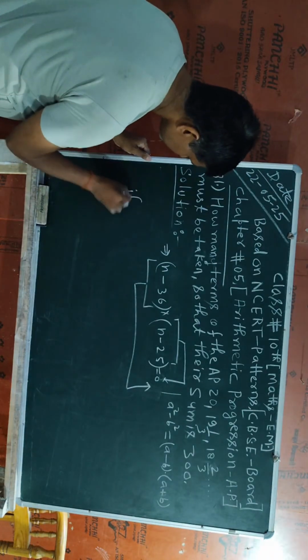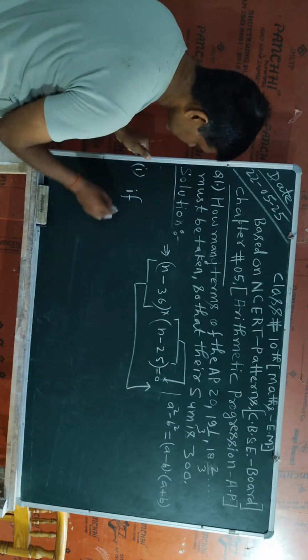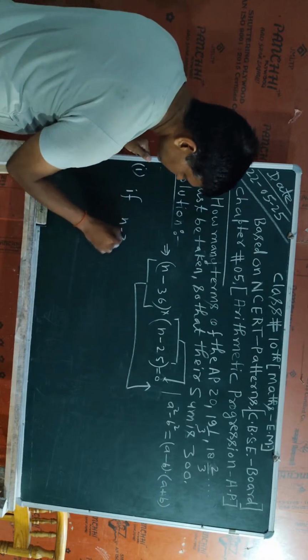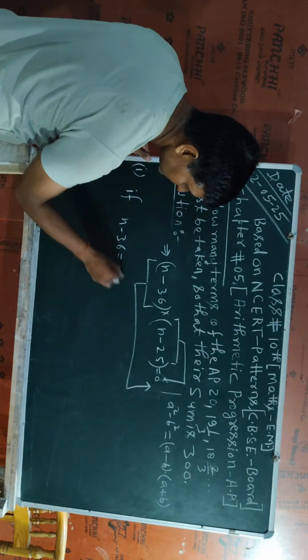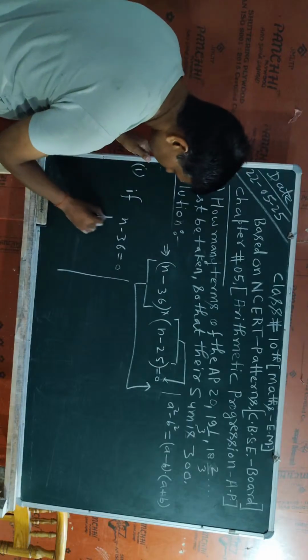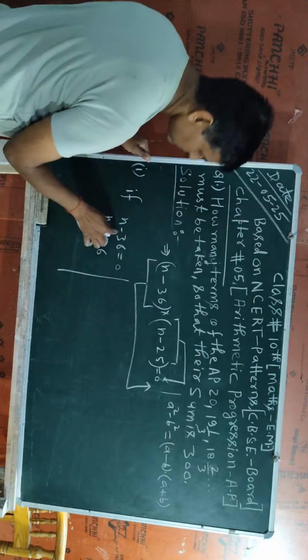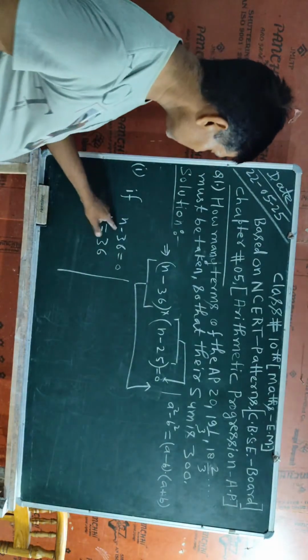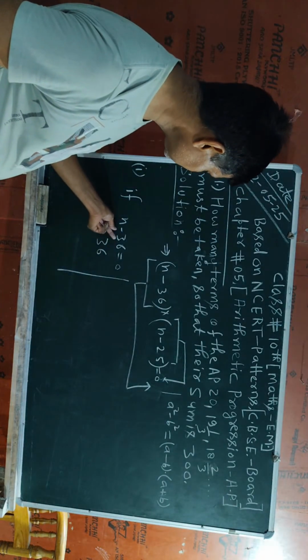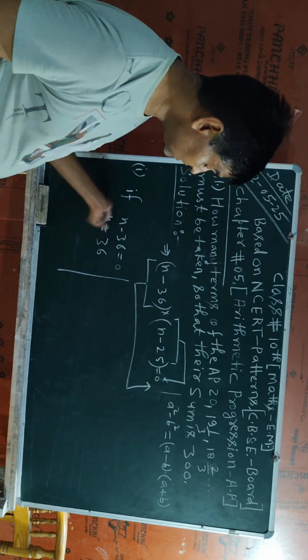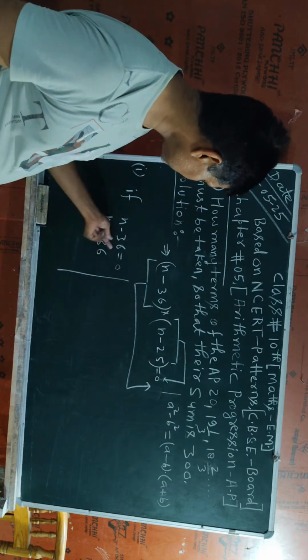If condition 1 or case 1, I will say if n minus 36 is equal to 0, this is condition number 1. When n is equal to 36, the student has to concentrate, because this 36 has a minus sign, and this minus sign will go to the right hand side, so its sign will change.